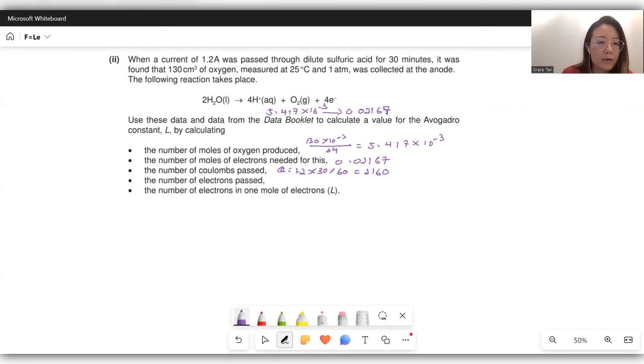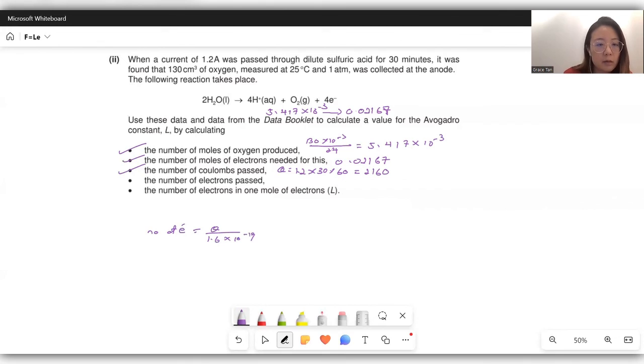So we have already covered the 3 bullet points. Now, number 4, number of electrons passed. Do you remember how to calculate the number of electrons passed? The number of electrons is defined as quantity of charge divided by electronic charge, which is 1.6 times 10 to the power of -19.